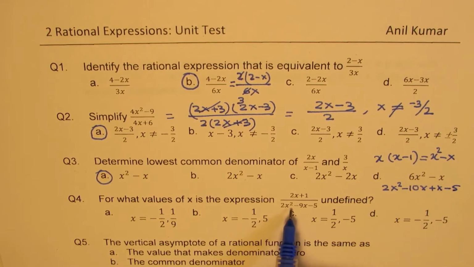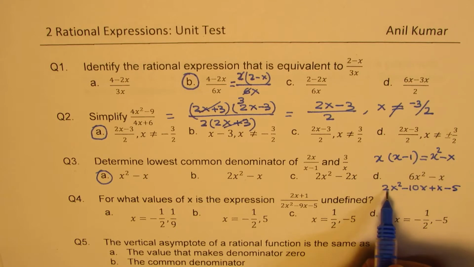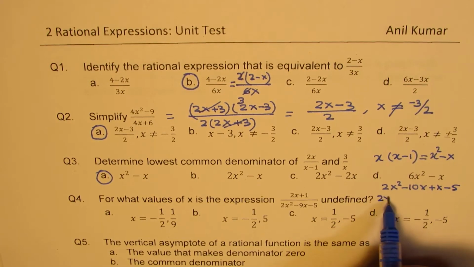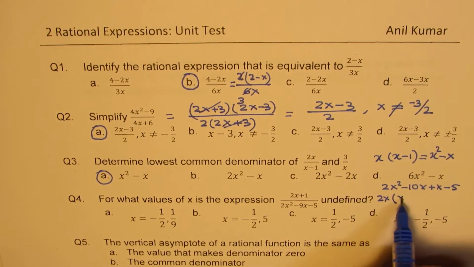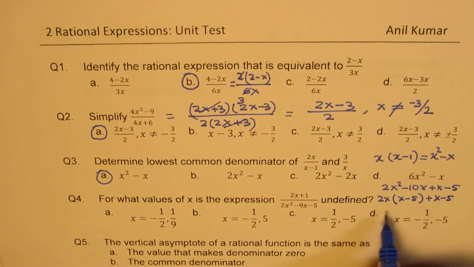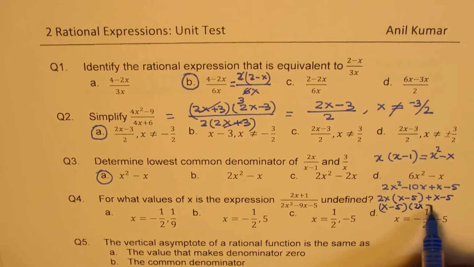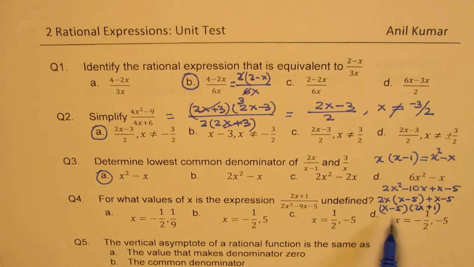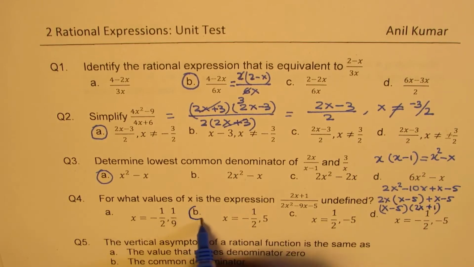In the first two terms, 2x is common, so we can write 2x times (x minus 5), and we already have x minus 5 there. So x minus 5 is one factor, and 2x plus 1 is the other factor. So the restriction is that x is not equal to 5 and minus half. So 5 and minus half is option B.